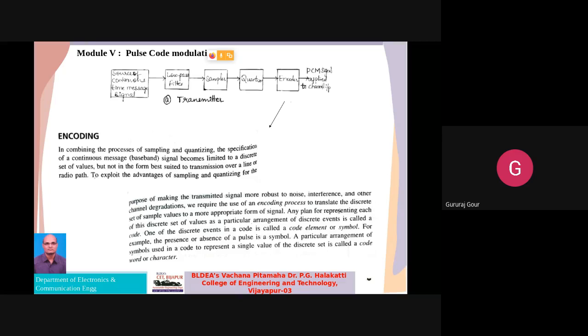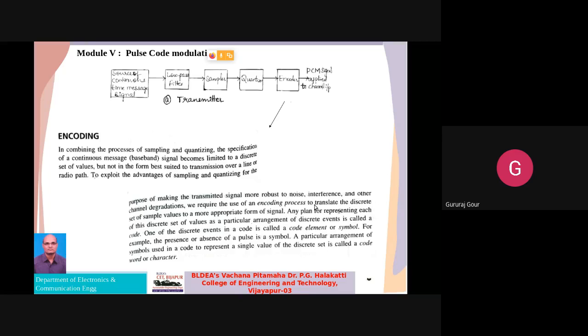But why is that coding required? The necessary reason for coding here is to make our transmitting signal more immune to noise, interference, and any other channel degradation. Three very important terms here.